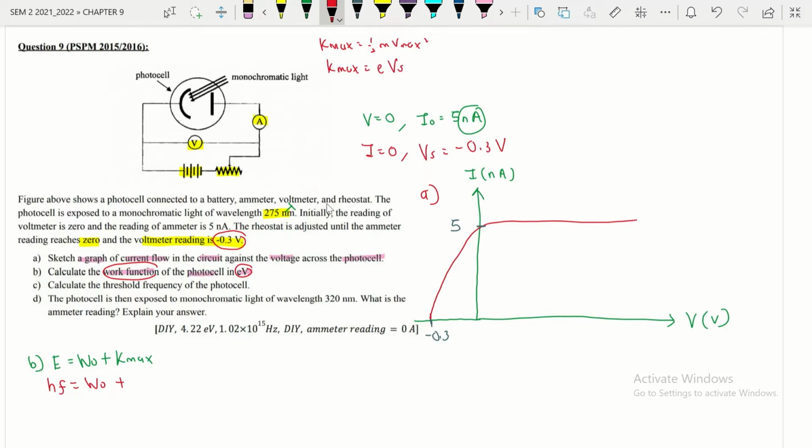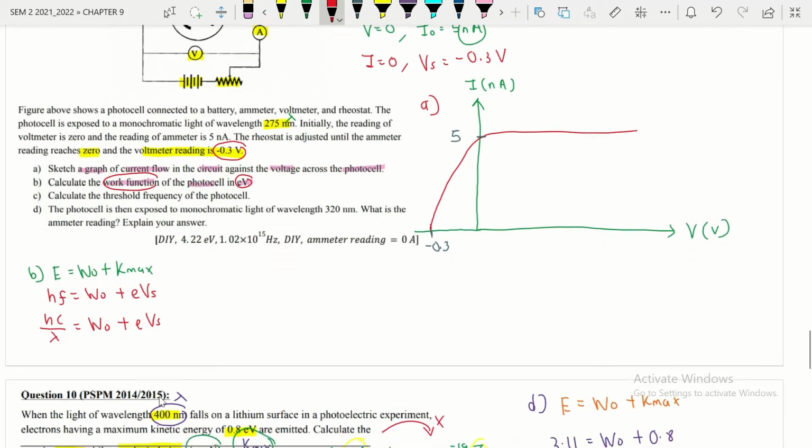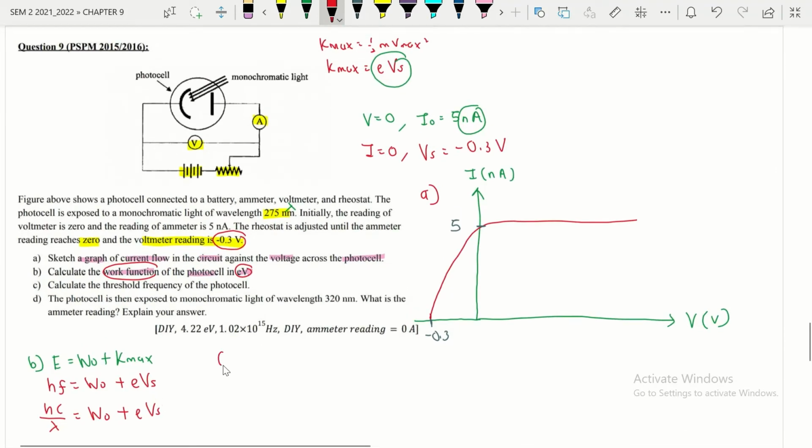But here it does not give the speed. It gives the stopping potential. So we have to substitute the maximum kinetic energy with electron charge times stopping potential. The frequency is also not given. So we use hc over lambda equals work function plus electron charge times stopping potential. We know h is 6.63 times 10 to the power of negative 34 and the speed of light is 3 times 10 to the power of 8.